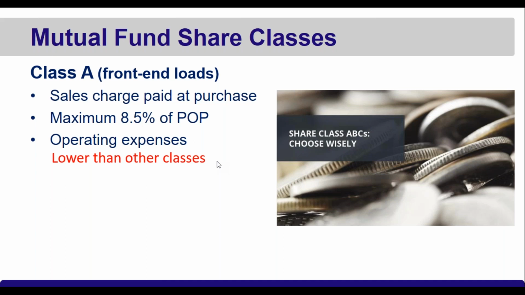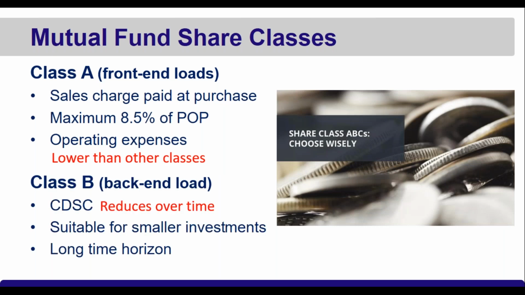A share will come in at the POP, but when you redeem your shares, A shares will redeem at NAV. And since you've paid your sales charge up front, the other operating expenses associated with A shares will be lower than they will be with the other share classes. So again, you're going to pay one way or the other. You either get it done right away or have it come out over time.